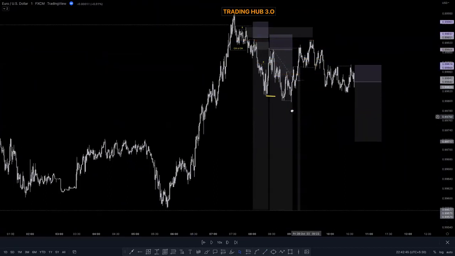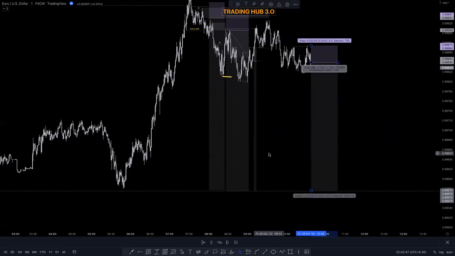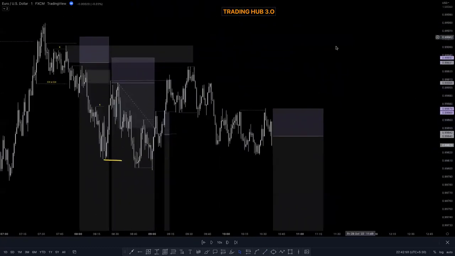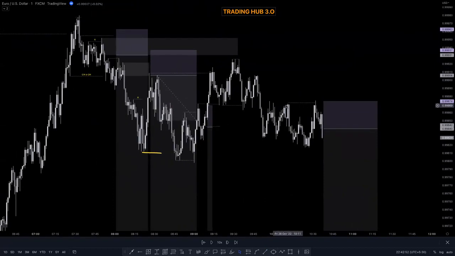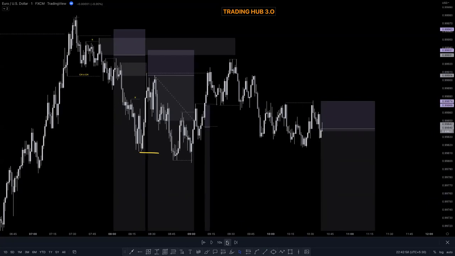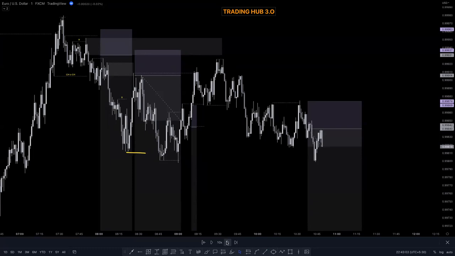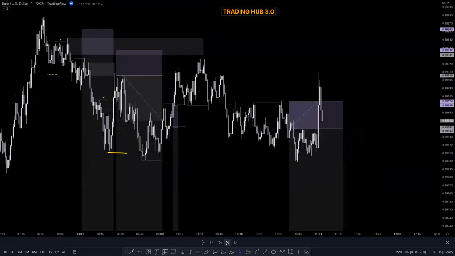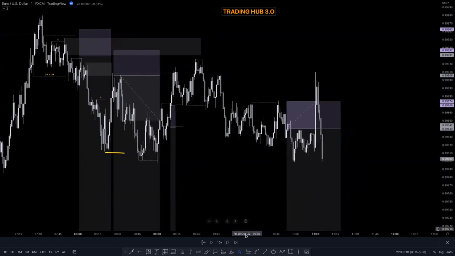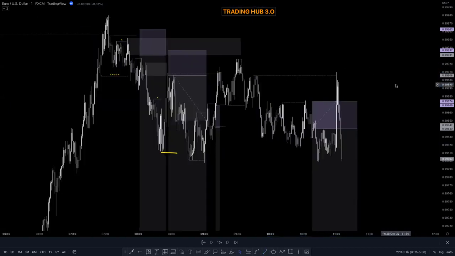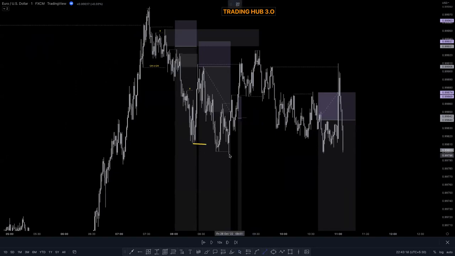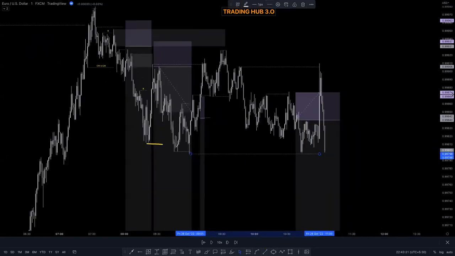Let's delete all things. So this is a possible entry here. Taken out this side, pushed downside, and let's see what happened next here. Okay, done. And this one, equal low.